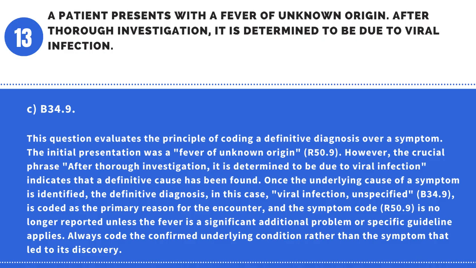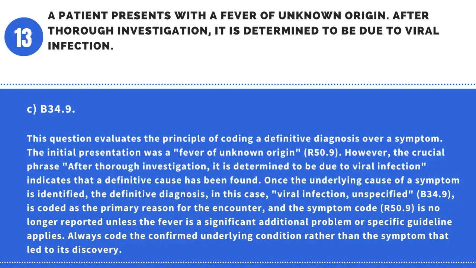B34.9. This question evaluates the principle of coding a definitive diagnosis over a symptom. The initial presentation was a fever of unknown origin, R50.9. However, the crucial phrase "after thorough investigation, it is determined to be due to viral infection" indicates that a definitive cause has been found.